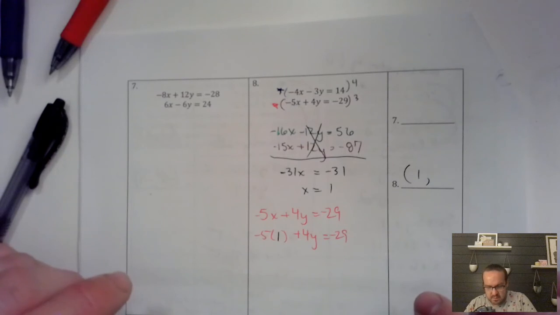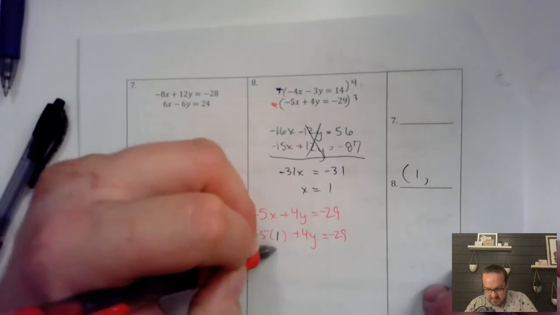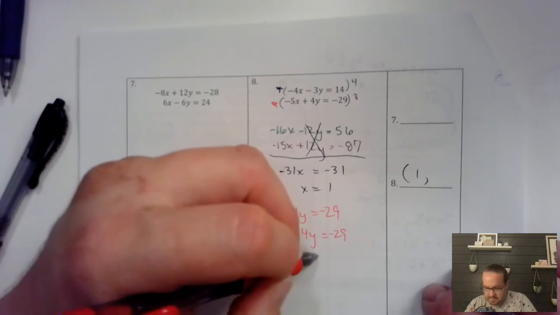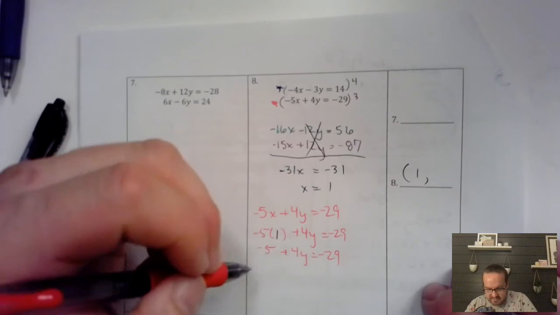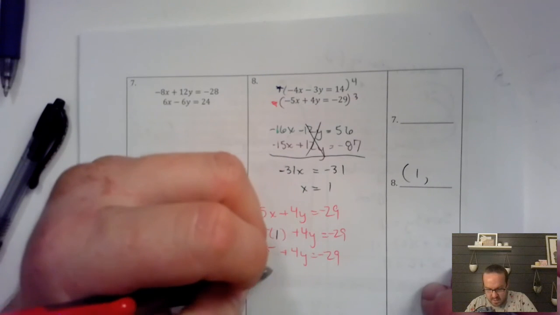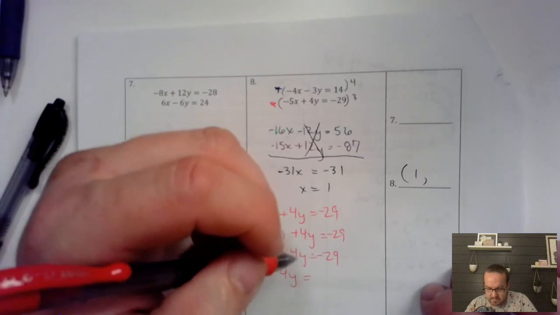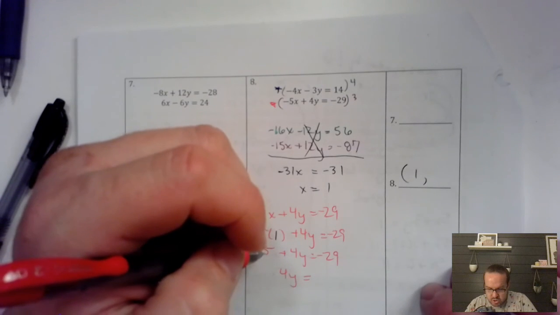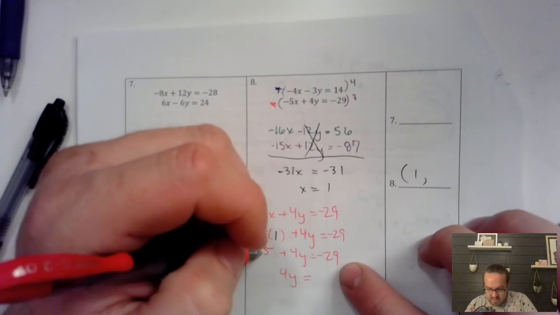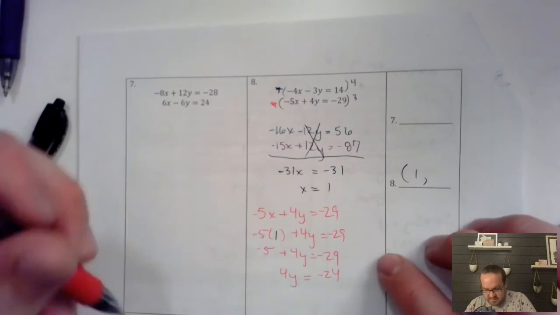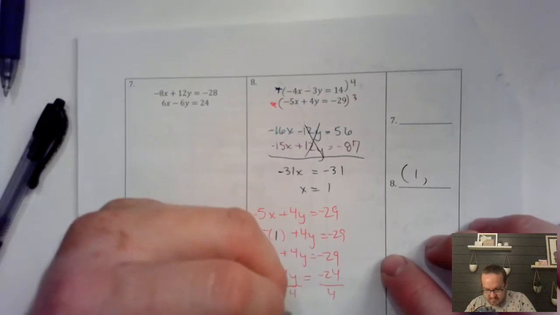Negative 5 plus 4y equals negative 29. Add the 5 to both sides, so that's 4y equals negative 24. Divide both sides by 4, and y equals negative 6. So there we go.